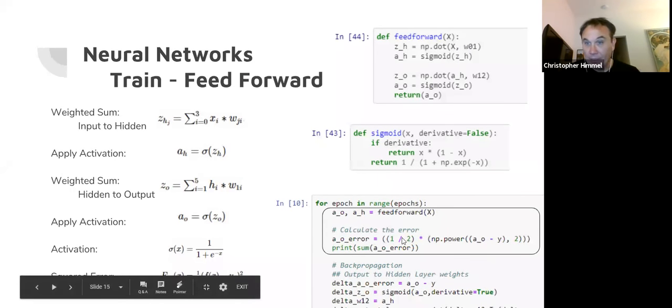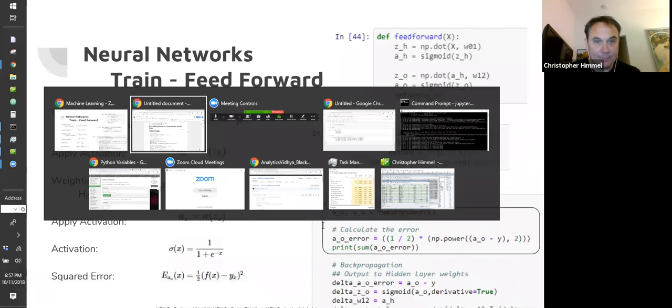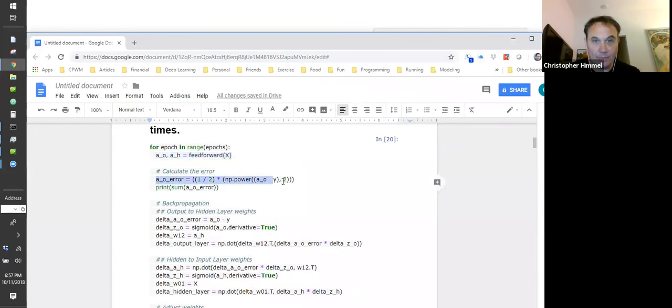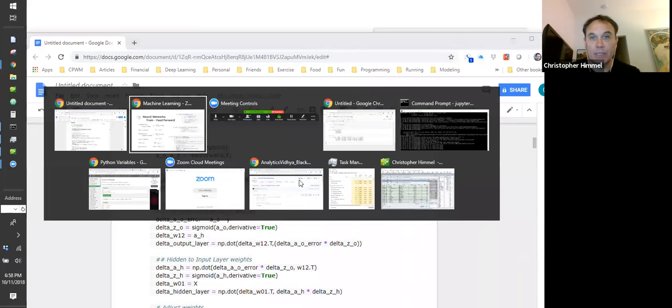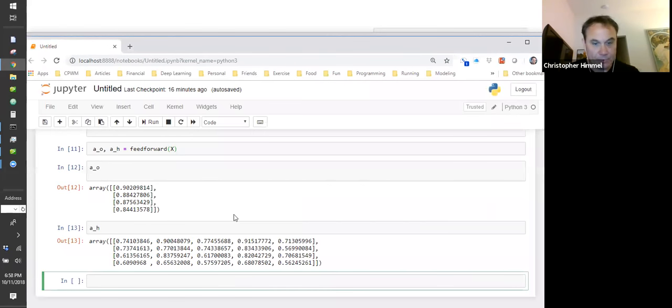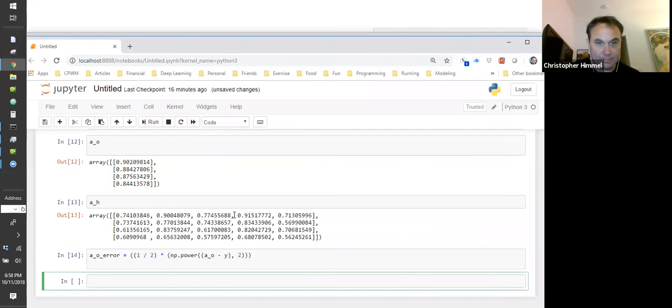Oh, and the error, let's calculate what the error is based on this. Okay, so grab that code. That code is right here. Control C. Drop it here. And now print, I'll just do AO error.